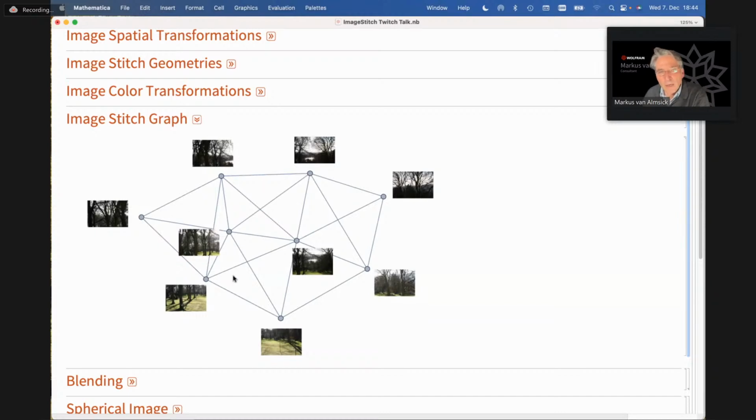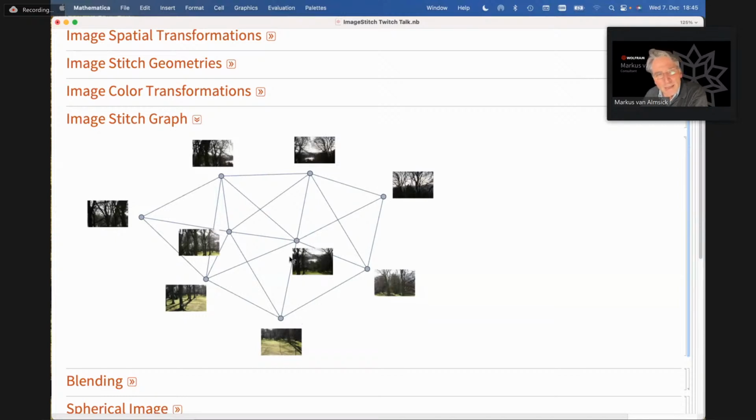So basically, doing a registration among all the images at hand, Mathematica under the hood creates this kind of graph, and then, first of all, tries to figure out what is the center image, and then from that center image constructs the best or the shortest path from that center image to every other image, so that one has a mutual transformation among all the images.